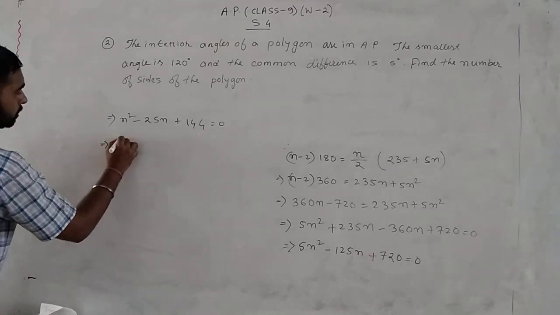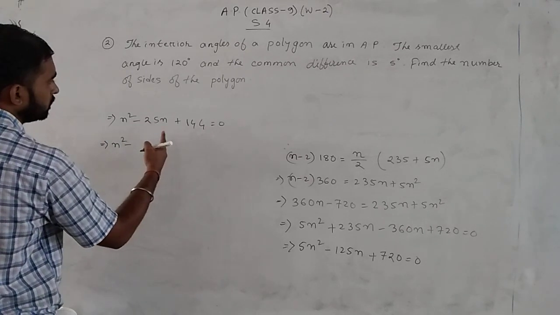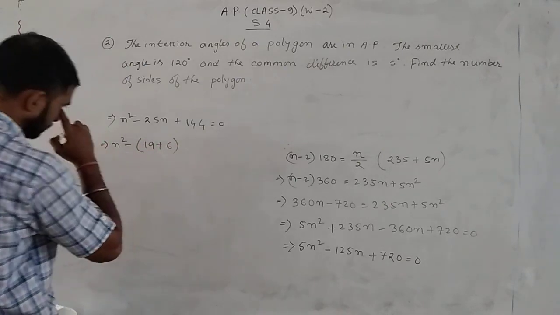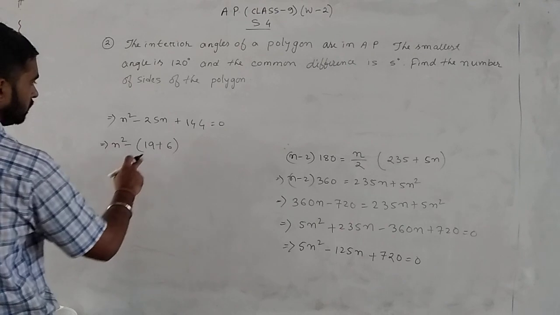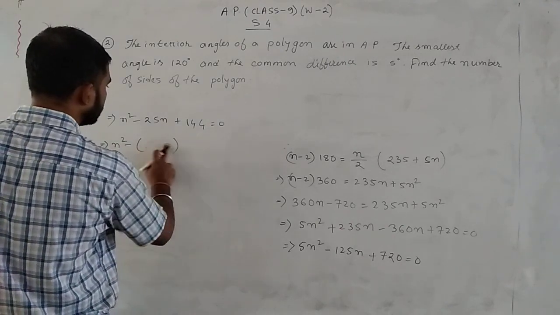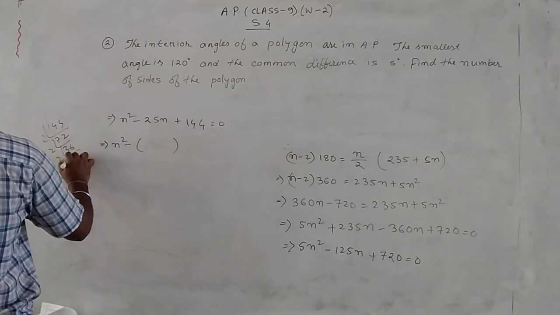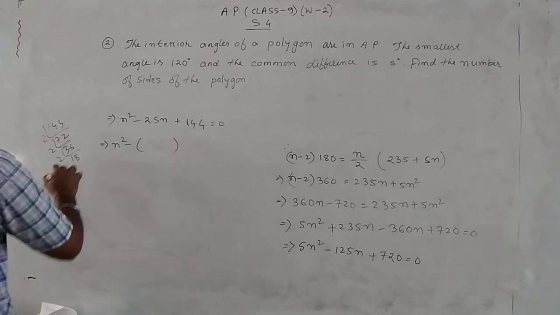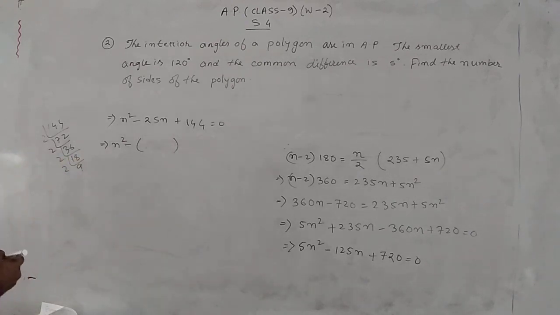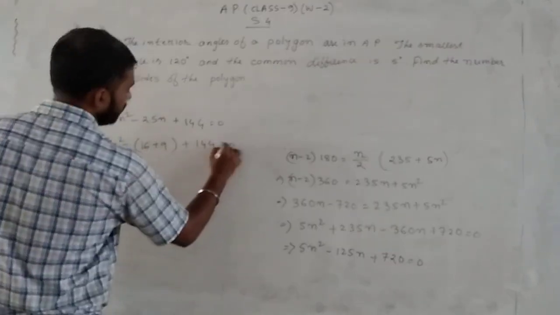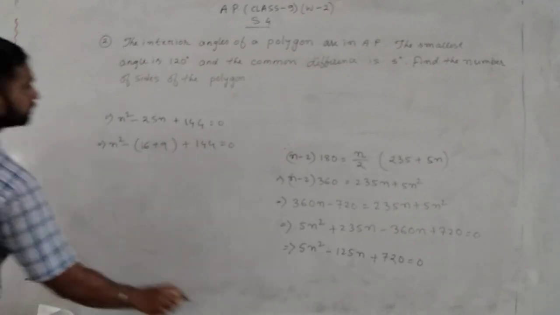Now factorize this one: 16 plus 9 is 25, and 16 into 9 is 144.